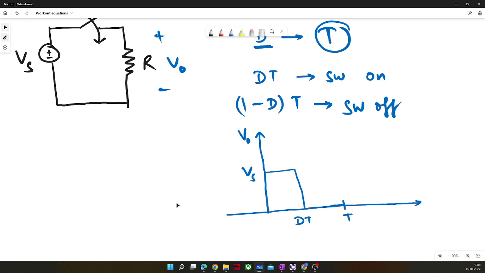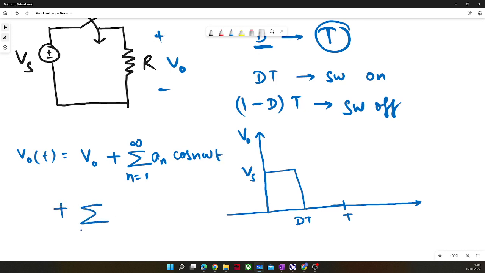Generally, to recall the Fourier series, it will have some average, which is also known as DC, plus other harmonics from 1 to infinity, An cos n omega t, plus the same for odd harmonics, Bn sin n omega t.